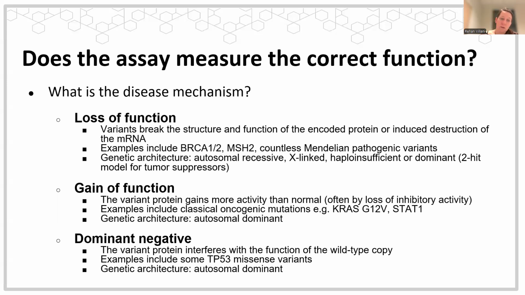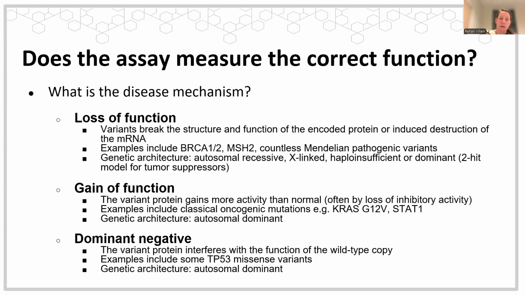Or you could have a gain of function variant. And these variants are variants that induce an increase in activity compared to the normal gene product or protein. So often this is by loss of an inhibitory activity. So this includes some classical oncogenic mutations like the KRAS G12V. There's also a dominant negative mechanism, and this is where a variant might interfere with the function of also the normal wild type copy.